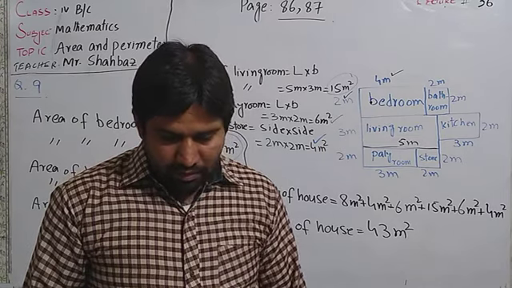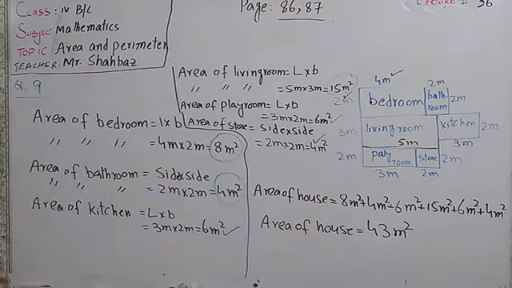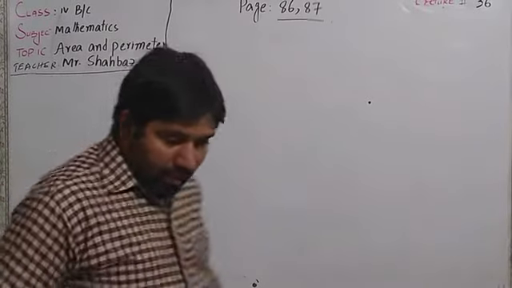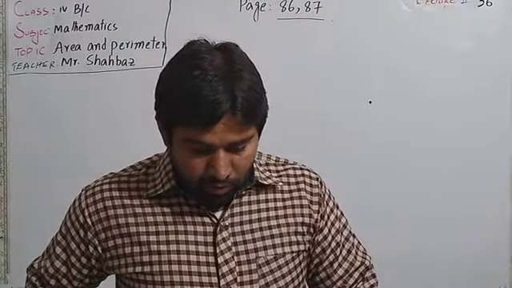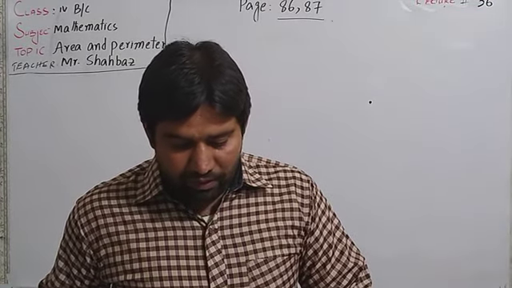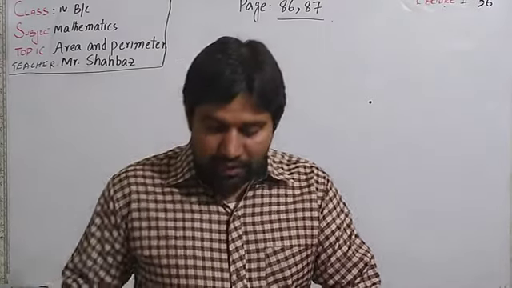Now you have question number 10. This is also very easy. In question 10, there are 4 parts A, B, C, D. So these are very easy. In part A, area is given, we have to find the length. Area divided by breadth, you will find the length.